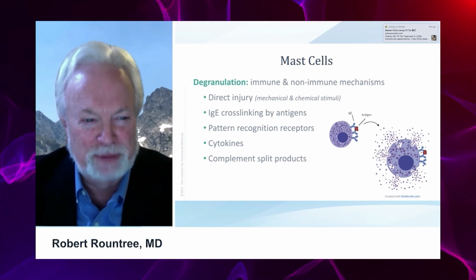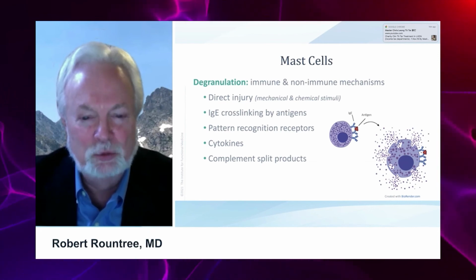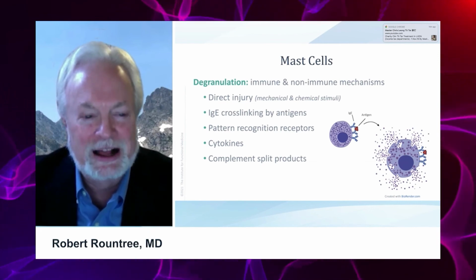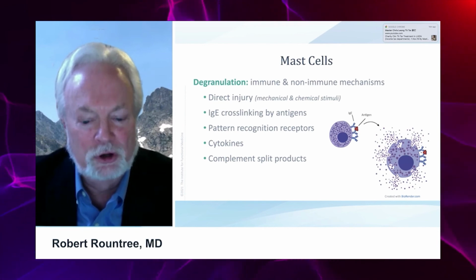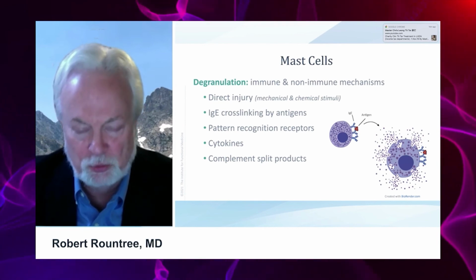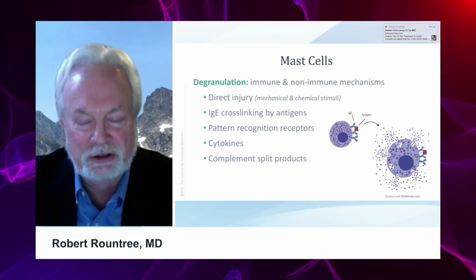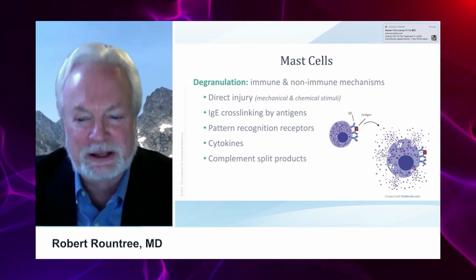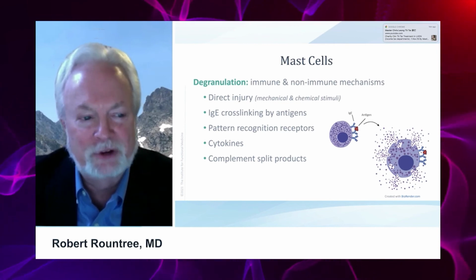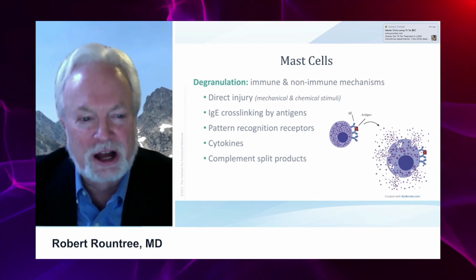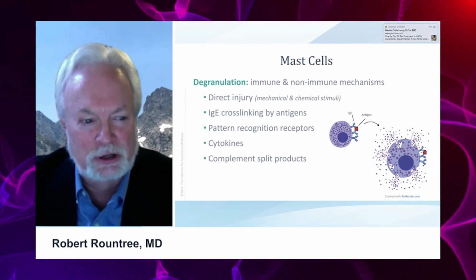Some people can just barely touch their skin and will get an urticaria, will get a hive. Those people are really histaminergic. They're really full of histamine and can react very easily.